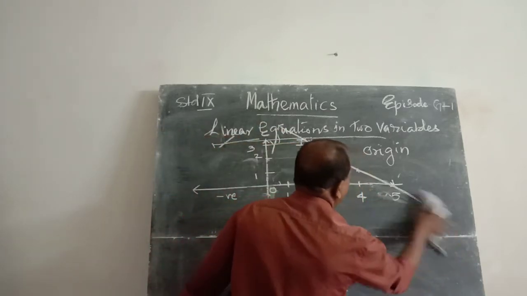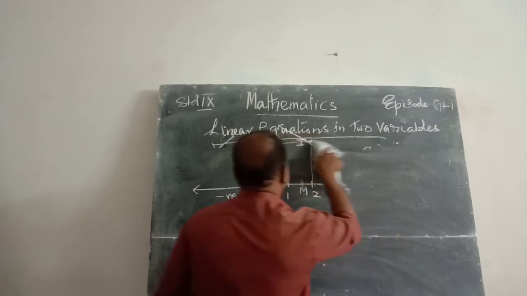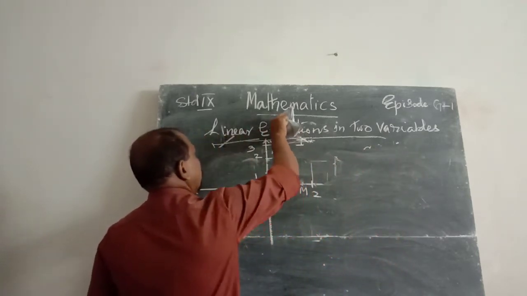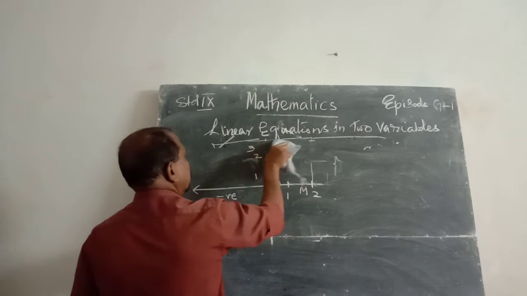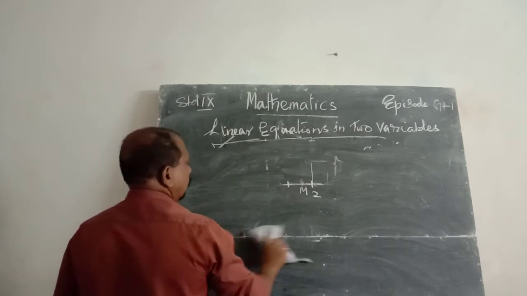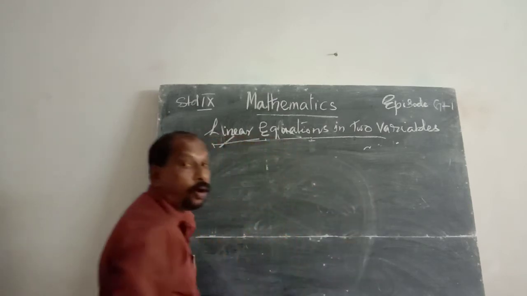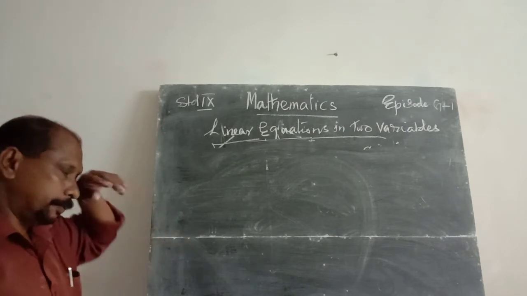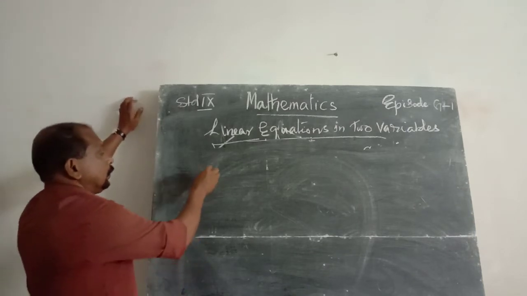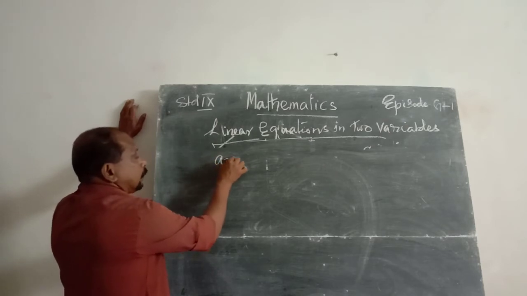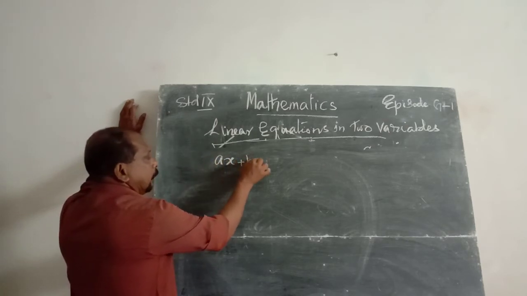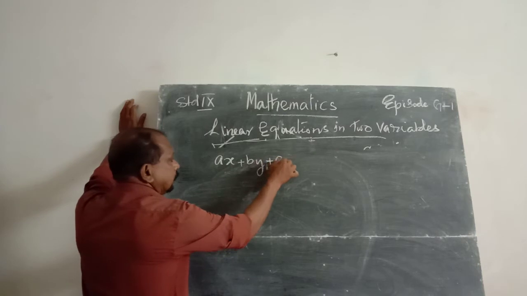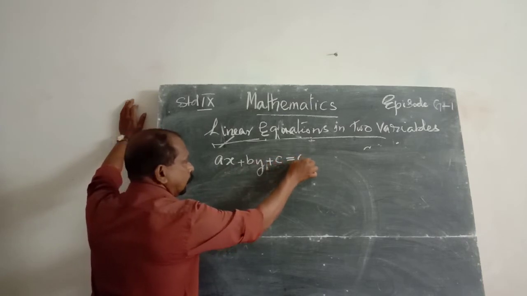And all the points on that straight line are the solutions of that linear equation. Therefore, the general form of a linear equation is what? ax plus by plus c is equal to 0.